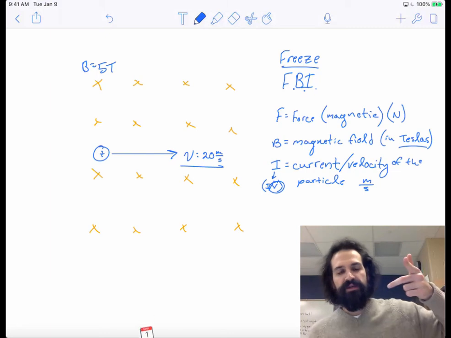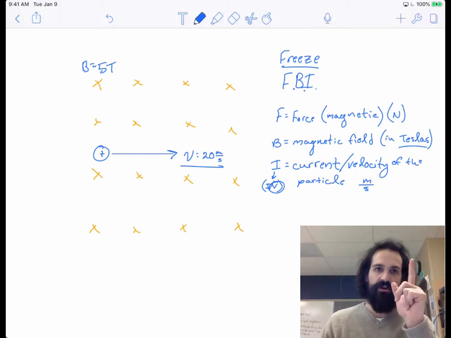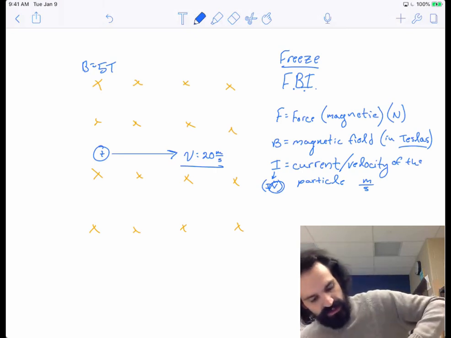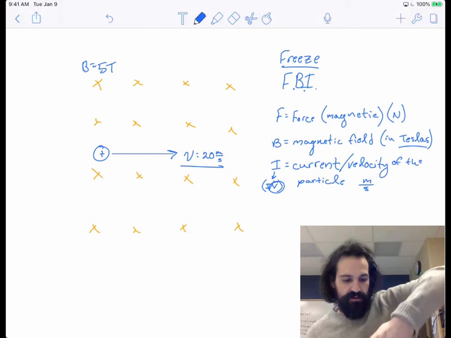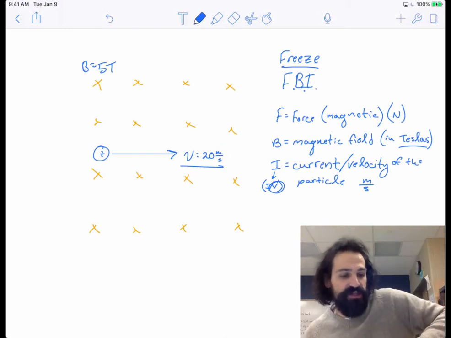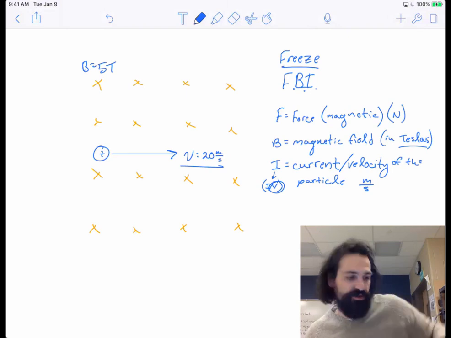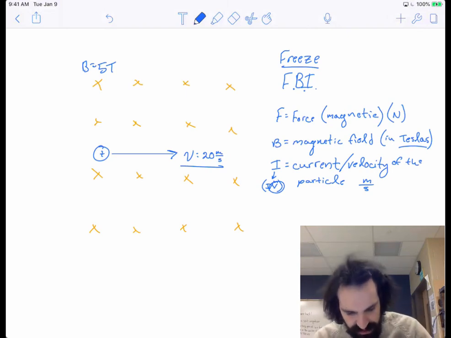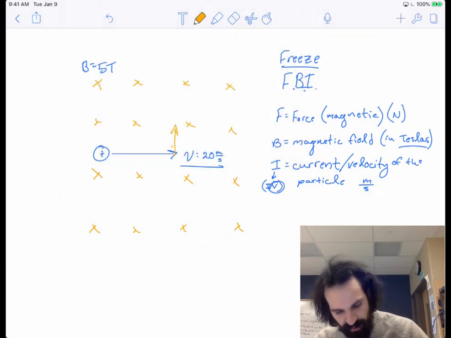Well, the magnetic field is into the page, so I'm going to start with my B finger always. So I'm going to point that directly into the page, and then I'm going to pivot my finger until the velocity is pointing to the right, just like it is on this page. And my thumb is pointing where the force will go, which means that there is a force that is pointing directly upward.